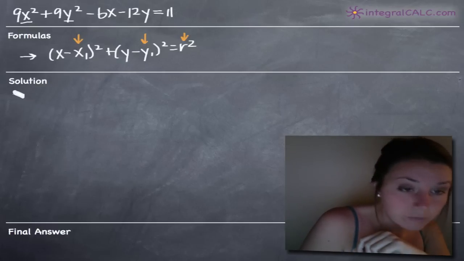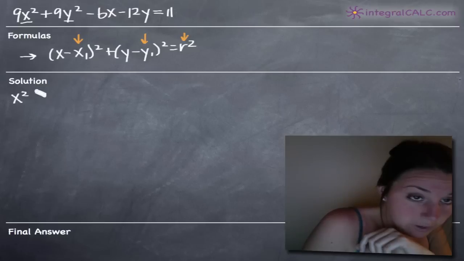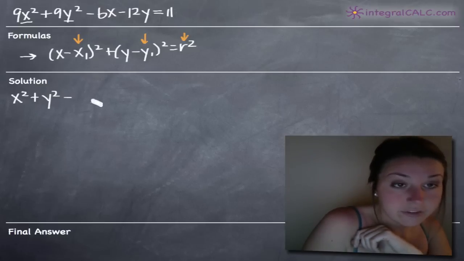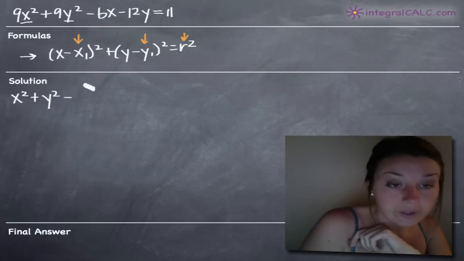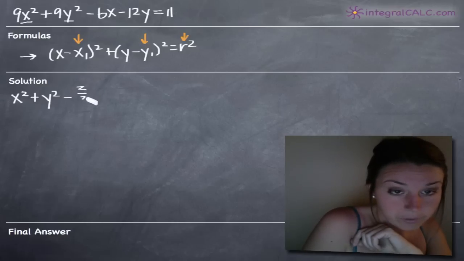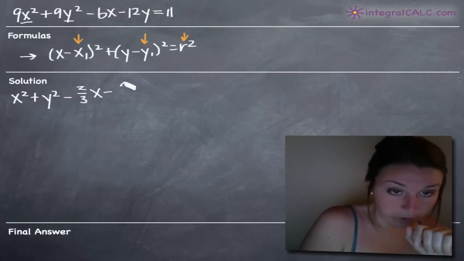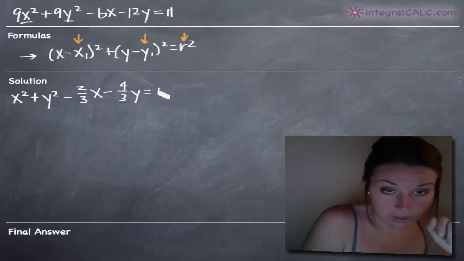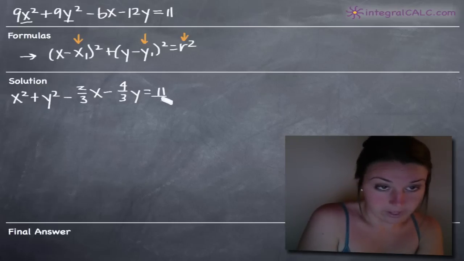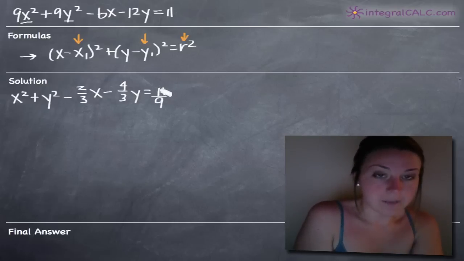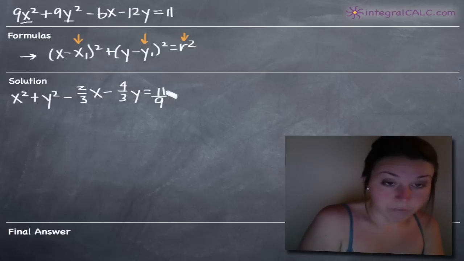So when we divide through by 9, we'll get x squared plus y squared minus 6 over 9 will reduce to 2/3. So 2/3 x minus 12 over 9 will reduce to 4/3. So minus 4/3 y equals 11 ninths. So we divide everything through by 9.